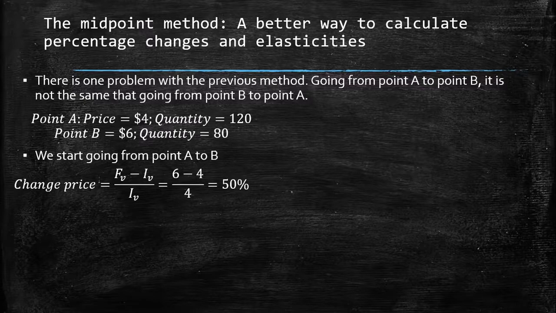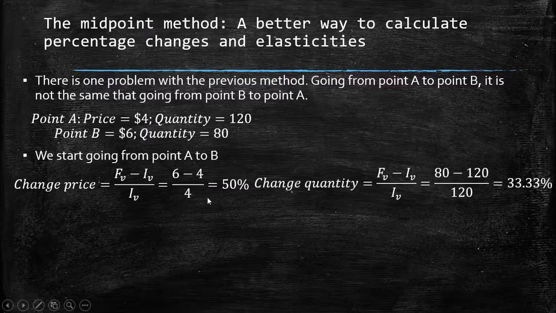So the change of the price is the final value minus initial value over initial value. So which is the final value? It's going to be 6 because it's an increase. And 6 minus 4 over 4 is 50%. What is the change in quantity? The final value is going to be 80 minus 120 over 120.